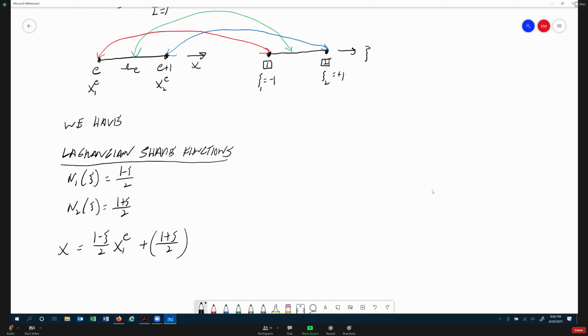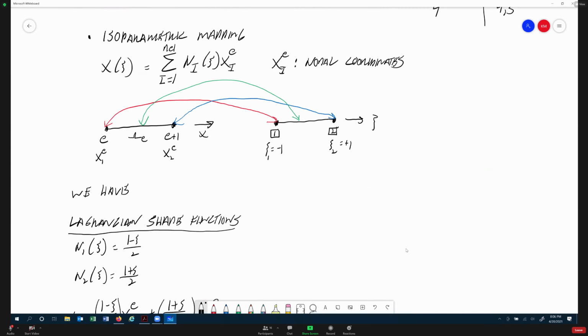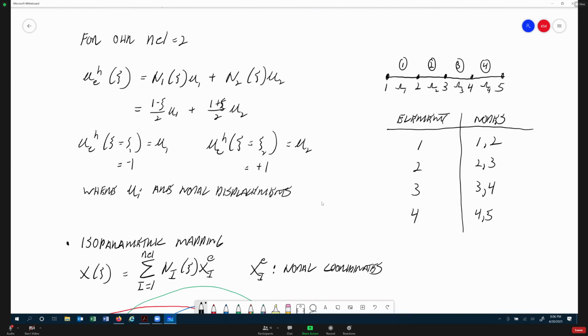Actually, we should put these in parentheses. So this is really just defining our total x length as a function of our Lagrangian. Now, let's go back up.